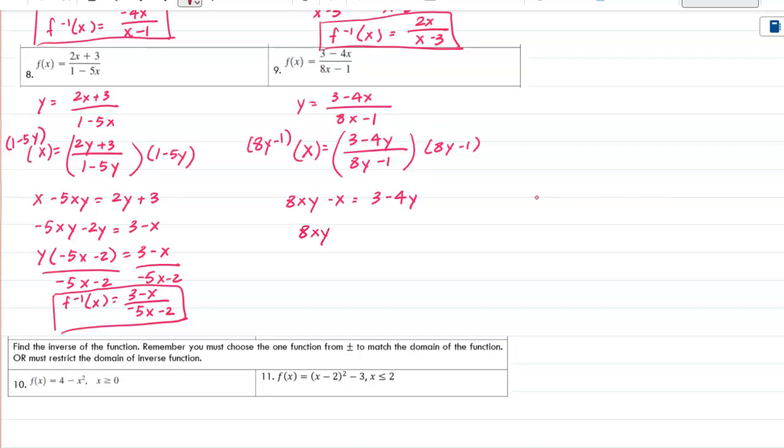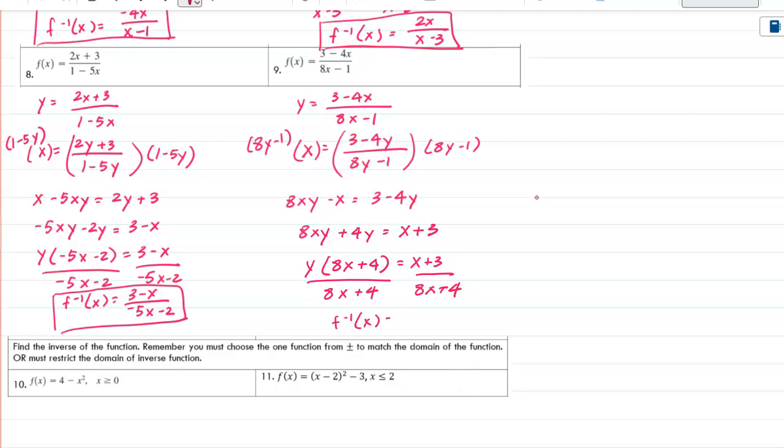Gather the y's on one side and everything else to the other side. Factor out a y. Divide both sides. So f inverse of x equals x plus 3 over 8x plus 4.